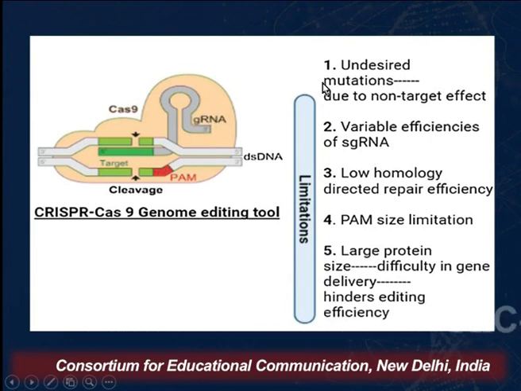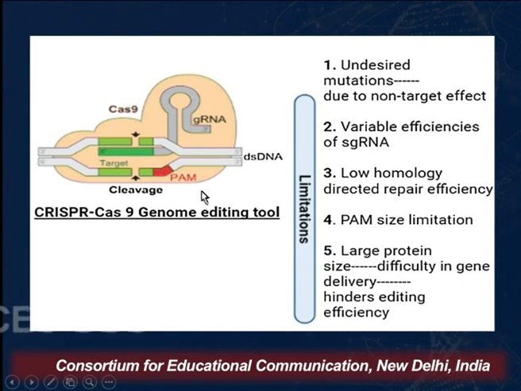If there is heterologous expression occurring, that is a different thing. But if you want to create this molecule in vitro and then introduce it into a cell, then the Cas9 protein is quite large. Therefore, there can be certain kind of toxicity. The delivery mechanism is a little difficult. Non-specific edits could be there, although very low, but still they can be there.